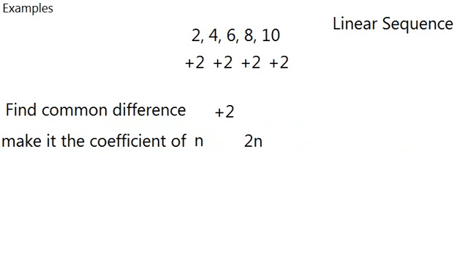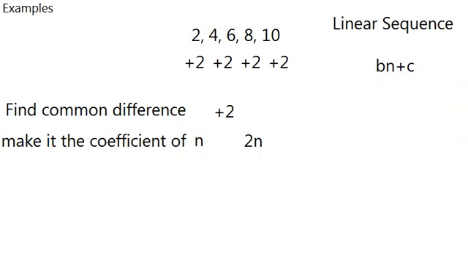We want to find the nth term, and the nth term is generally given as bn plus c. So this is the general equation of a linear sequence. This is the nth term.